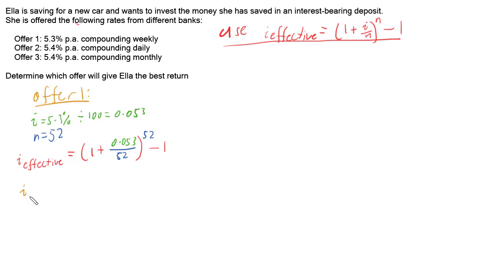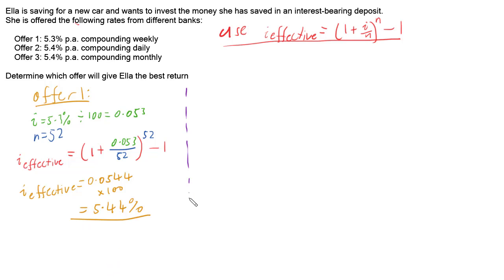And if we put this into our calculator, offer 1's effective interest rate is 0.0544, which if we multiply by 100 to get that as a percentage, it's 5.44%. So that's offer 1.